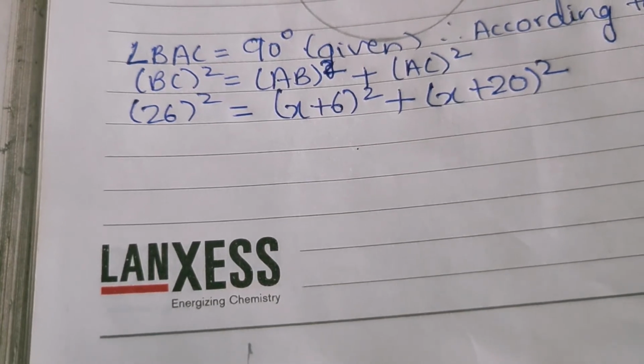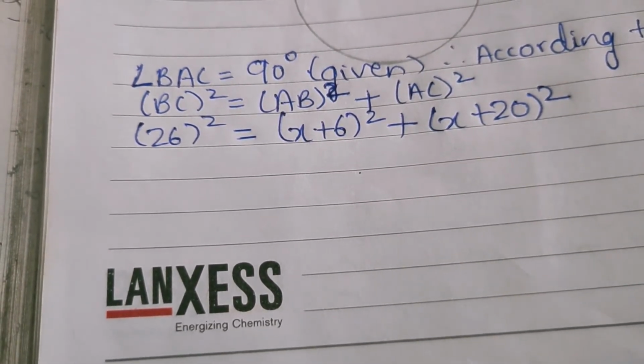According to this, 26 square will be 676.